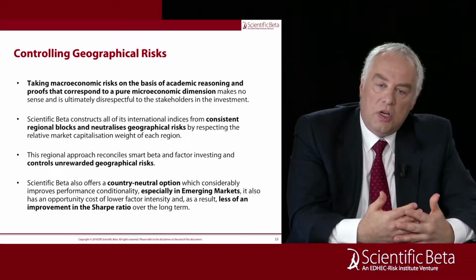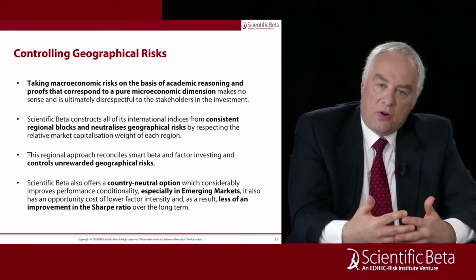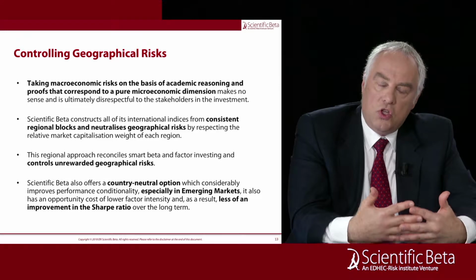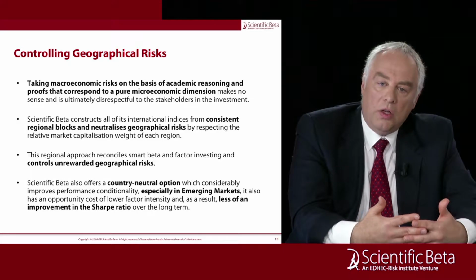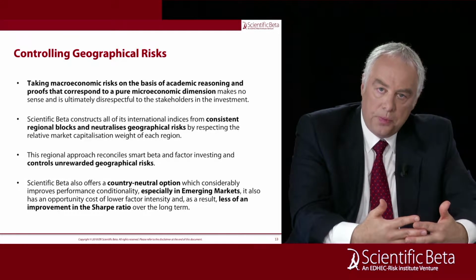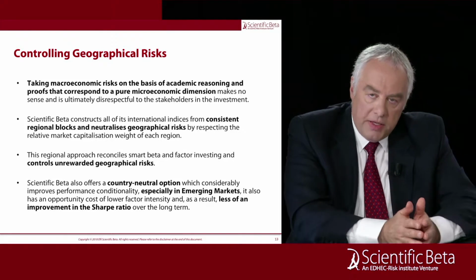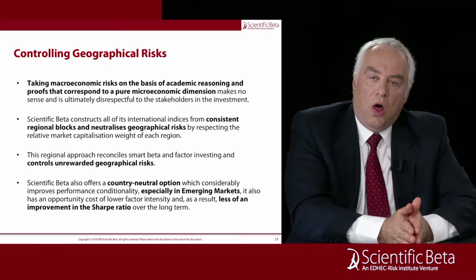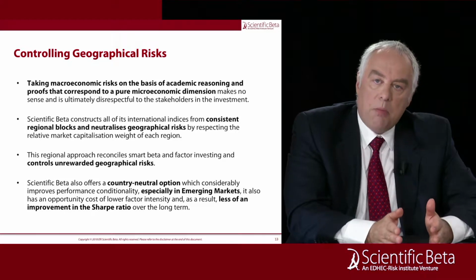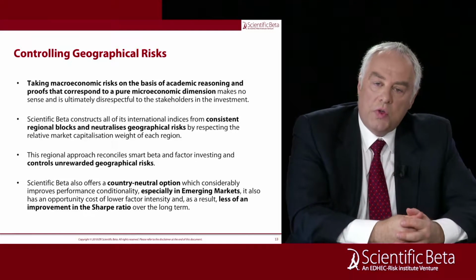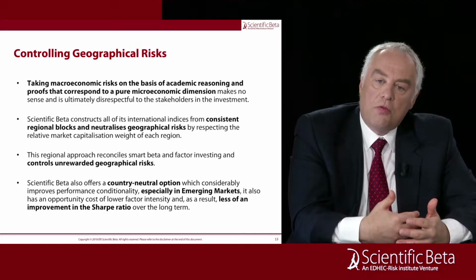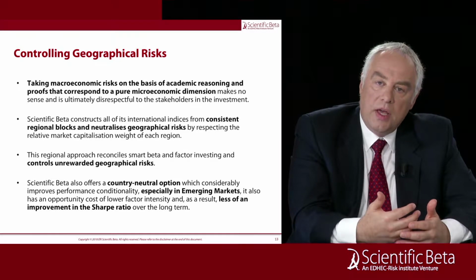It makes absolutely no sense to take macro risks using micro factors. These macro geographical risks are an unrewarded risk. So Scientific Beta, by design, hedges out the regional risks, the large macro risks, but Scientific Beta also offers some risk control in terms of country neutrality.